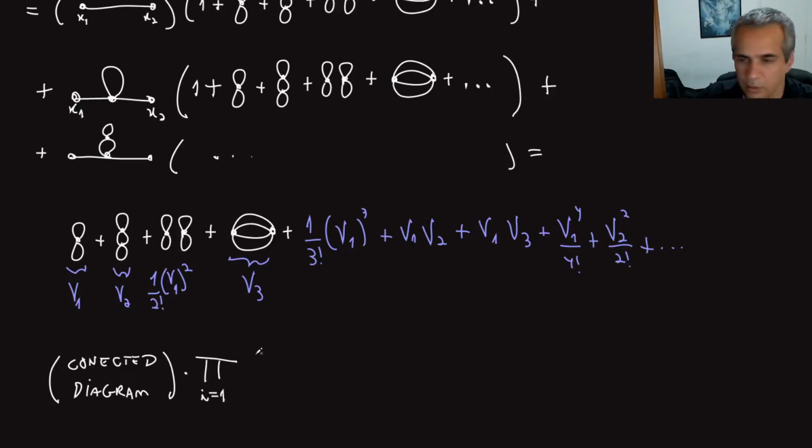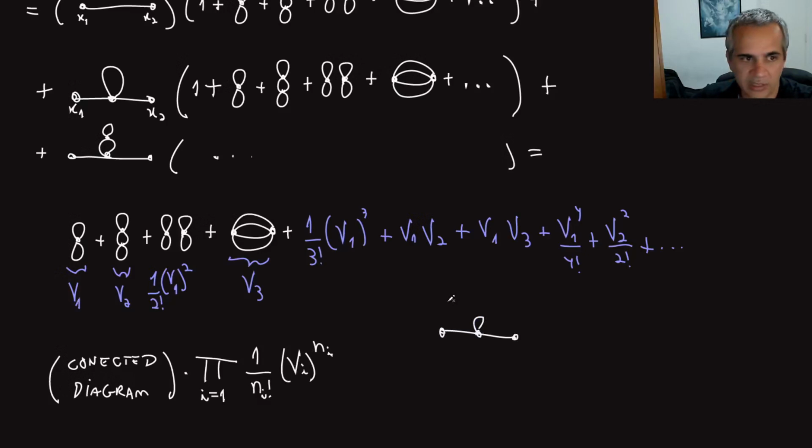The product over i of 1 over n_i factorial V_i to the n_i, right? Where this n_i is the number of times V_i appears. So take, for instance, this diagram.